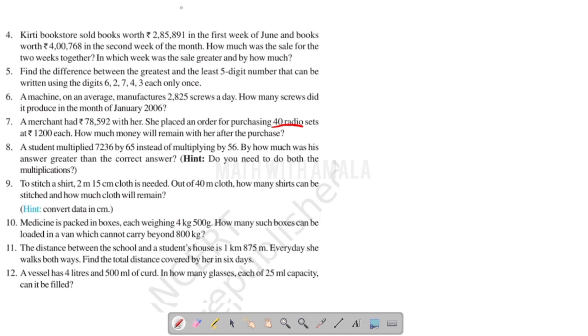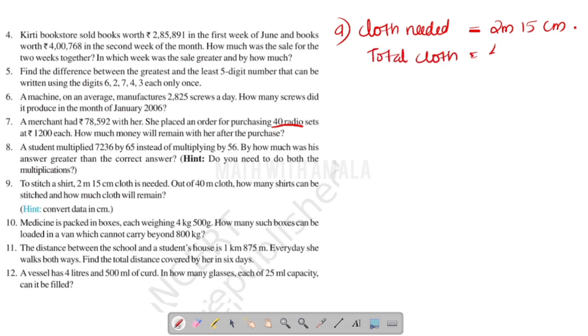Next question. To stitch a shirt, 2 meter 15 centimeter cloth is needed. Out of 40 meter cloth, how many shirts can be stitched and how much cloth will remain? So the cloth needed is 2 meter 15 centimeter. The total cloth that we are having with us is 40 meter. Let's convert that into centimeter, into the larger number.